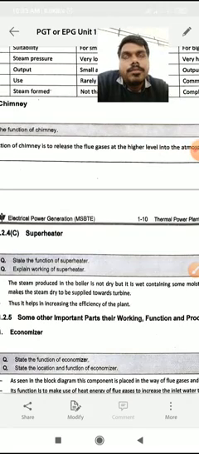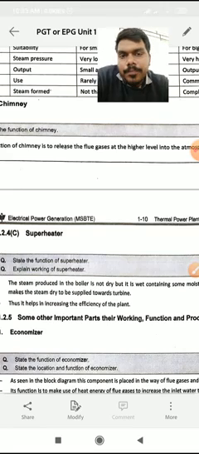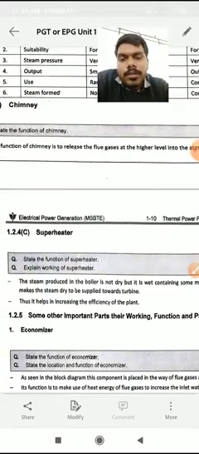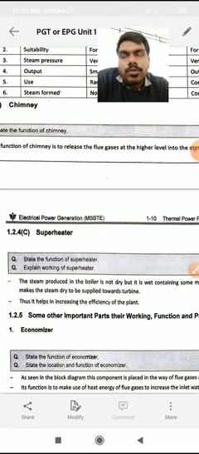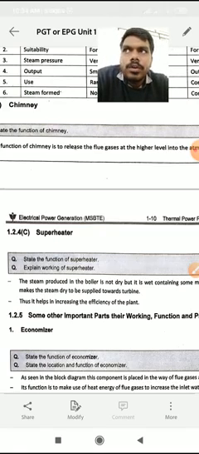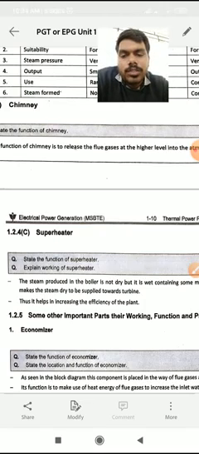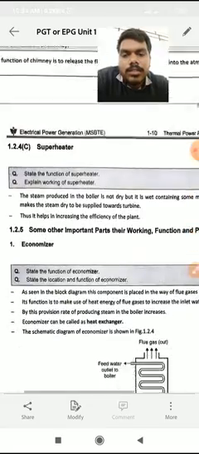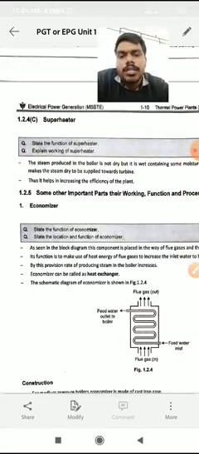So that steam which is released is again heated, superheated, through the superheater with the help of flue gases. These flue gases are actually used for heating purposes only. They do not have any other usage. Thus it helps in increasing the efficiency, and automatically the efficiency gets increased.